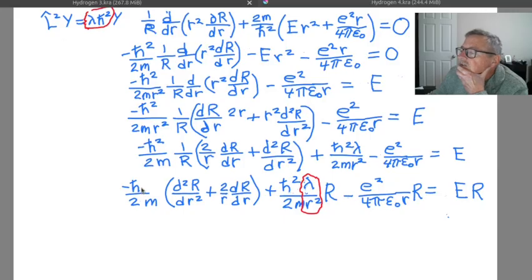My final step has a mistake in it. This should be h bar squared, not h. And then we put the lambda in there. So I think you can follow along with that. Oh, r times 1 over r, that just disappears. So we multiplied this top thing all by r. And that's how that came about.